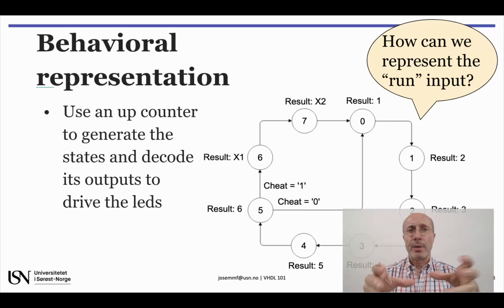At that point, according to the cheat input value, we will either let the counter continue and decode the result indicated by the 3 result selection switches, or reinitialize the counter to restart the loop.